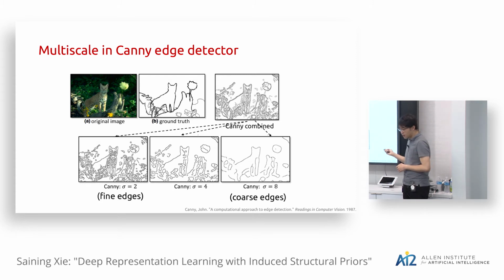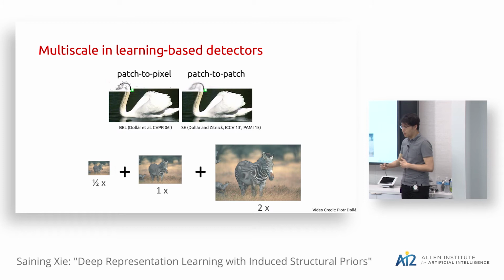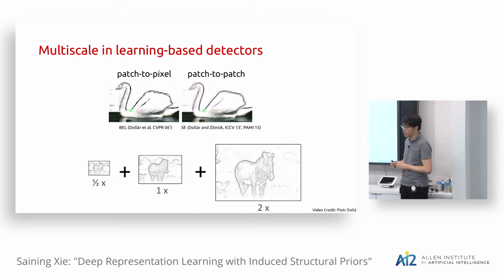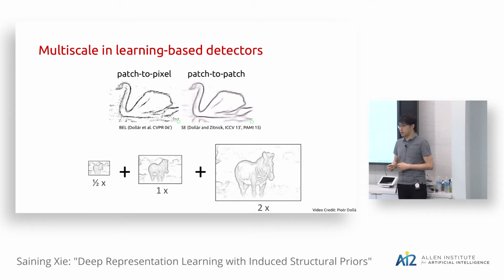This is how a more modern machine learning-based edge detector works. It usually adopts a sliding window approach, where you make patch-to-pixel or patch-to-patch predictions.